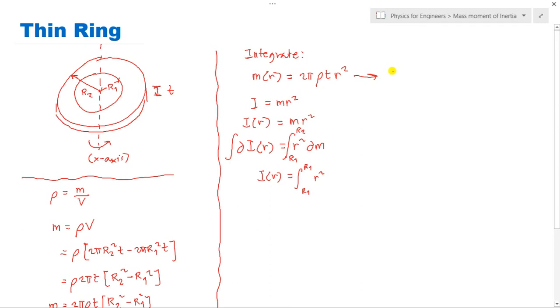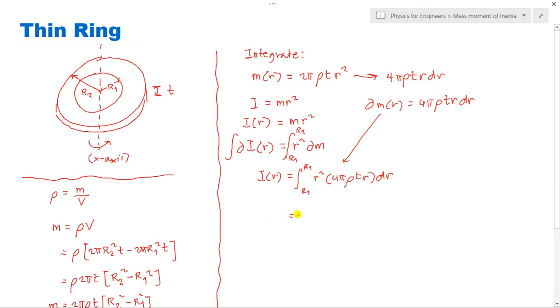The derivative of the mass is 4 pi rho t r dr. Then substituting, that would be r squared times 4 pi rho t r dr.